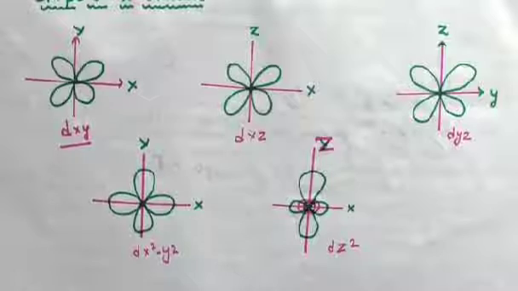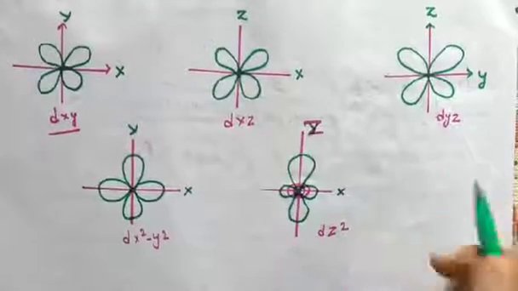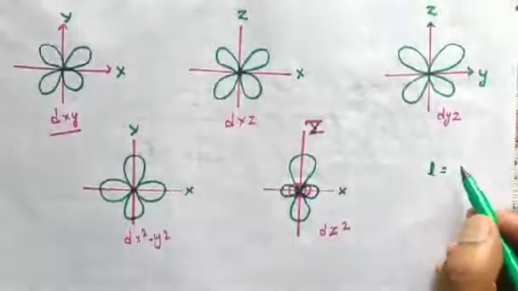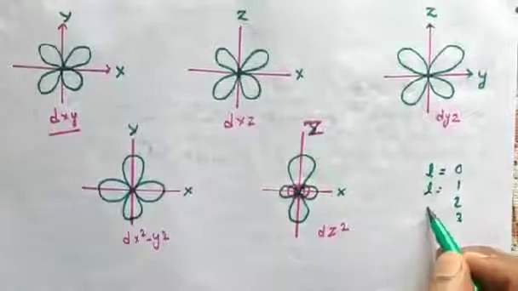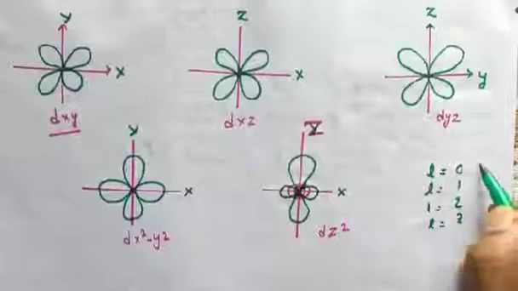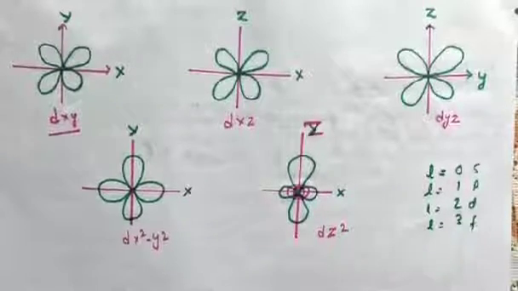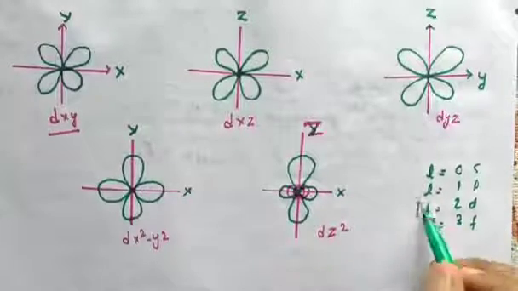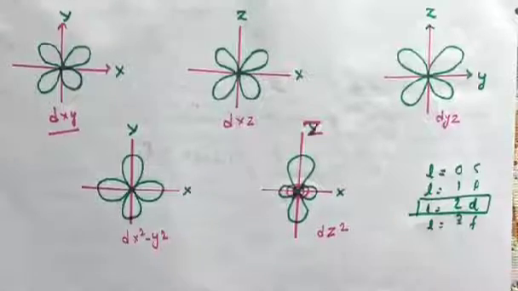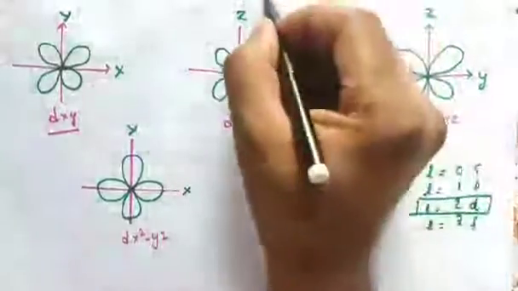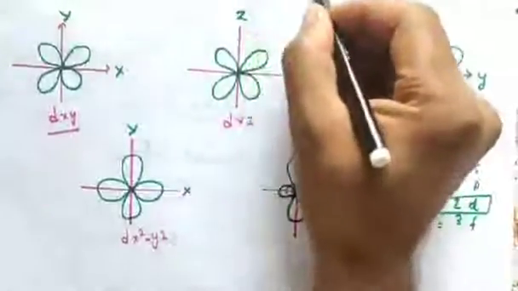How do we get these 5 orbitals? Students, you know that the value of L is equal to 0, 1, 2, 3. L equal to 0, 1, 2, 3 is s, p, d, f. So for d orbitals, L will be equal to 2.